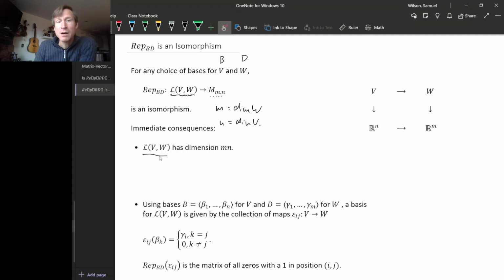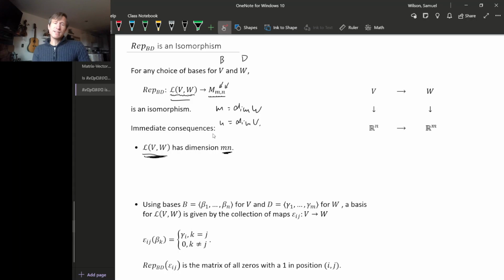But since we now know that this space of linear maps is isomorphic to this space of matrices, we know the dimension of the space of matrices. It's just the product of its number of rows and number of columns, little m times little n. So the dimension of this space of linear maps is also little m times little n.